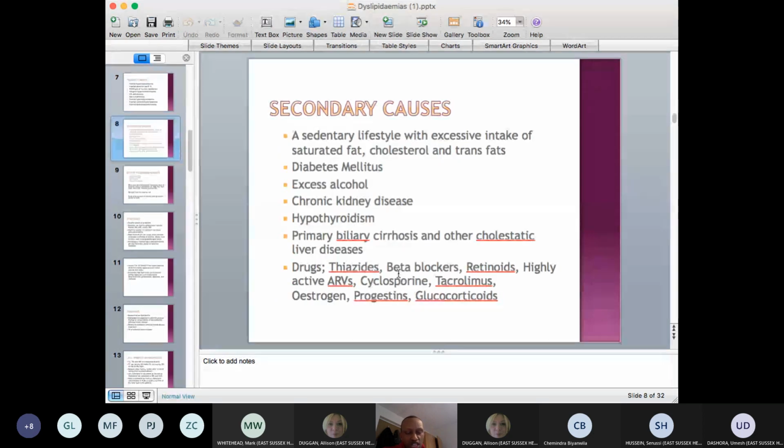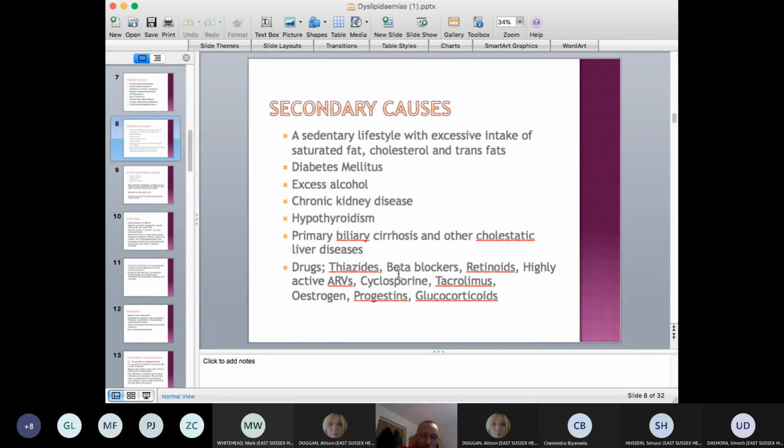If we are to go to the secondary causes, which I think most of us should be dwelling on, it is basically the sedentary lifestyle with excessive intake of saturated fat, cholesterol, or trans fats. Diabetes is a very important cause. Excess alcohol, chronic kidney disease, hyperthyroidism, primary biliary cirrhosis, and other cholestatic liver diseases.